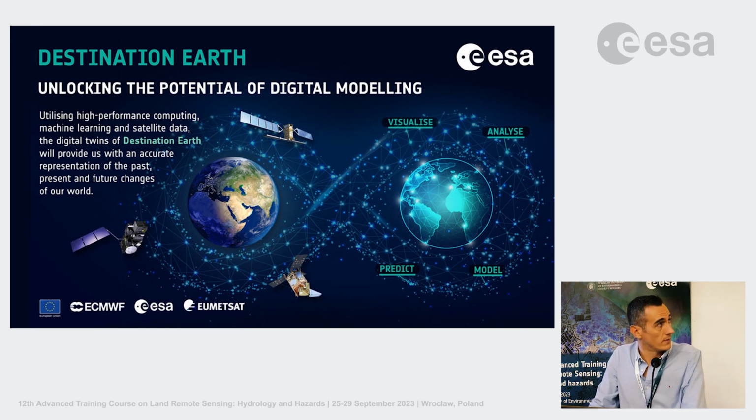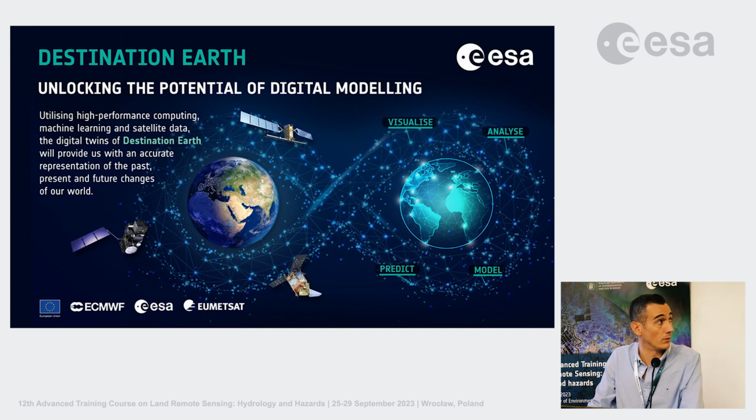Just a few words saying that these activities basically fit perfectly within the Destination Earth initiative, which is from the European Commission with ECMWF, ESA, and EUMETSAT as partners. And whose aim is actually to reproduce a digital twin of Earth.